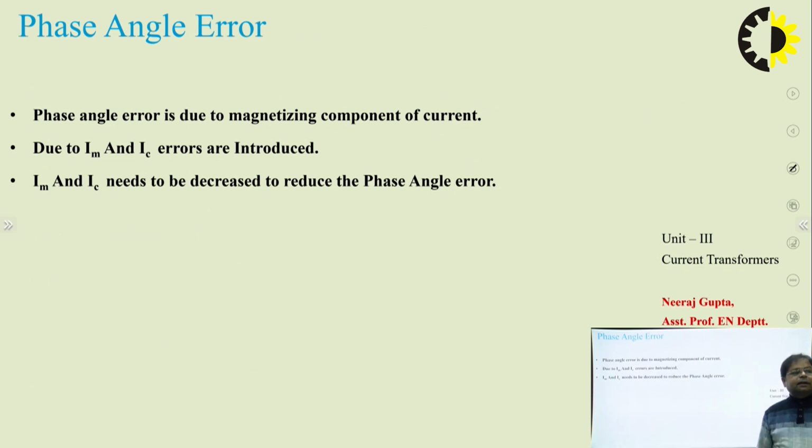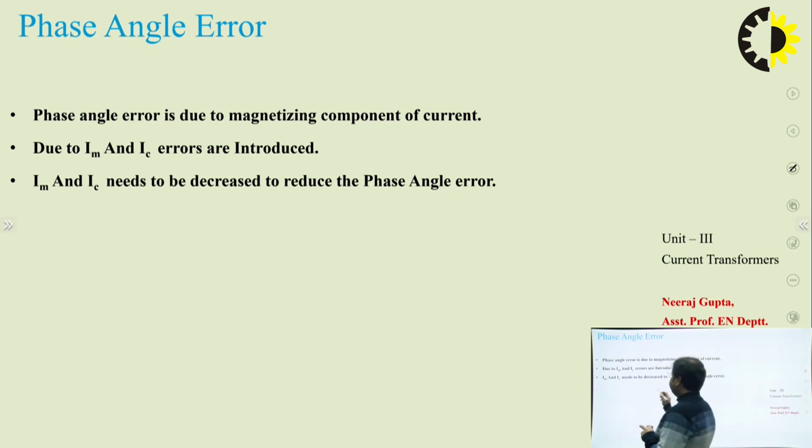Now the phase angle error is due to the magnetization component of the current. Because of the magnetization component of the current and iron losses, errors have been introduced. That is why these two are affecting the 180 degree out of phase shift. So the values of Im and IE must be decreased for reducing the phase angle error.